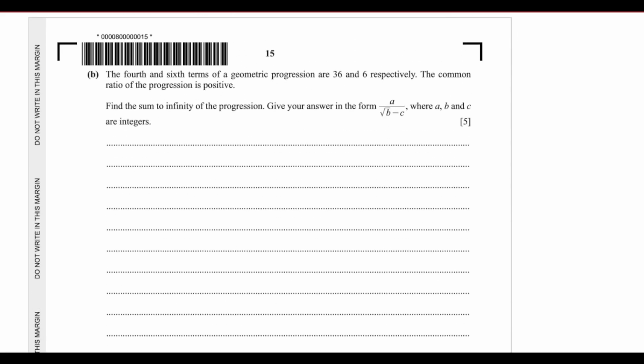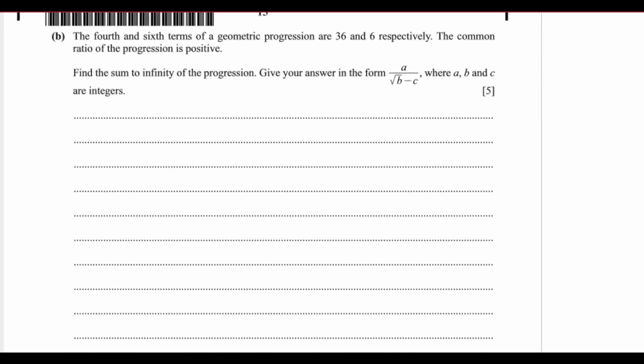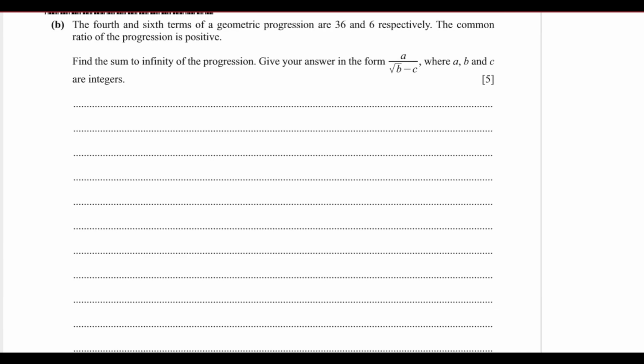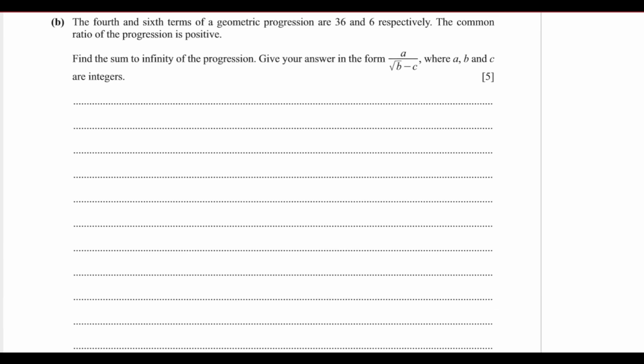At B, they're going to get a bit, what can I say, out of hand with a bunch of square roots. We have the fourth and sixth terms of a geometric sequence. The common ratio of the progression is positive. We need to find the sum to infinity of the progression and give our answer in a predetermined form.